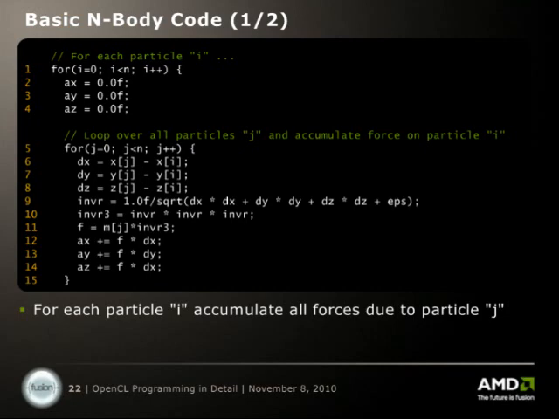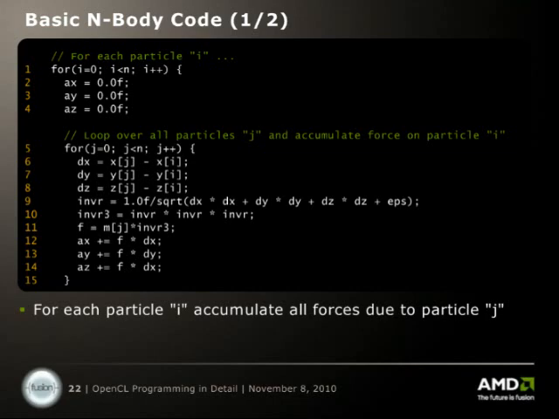Line 5, we then begin a loop over all particles again. So this is the loop over J. Here we're going to begin to accumulate the interaction between all other particles and particle I. Lines 6 through 8, we're calculating the component-wise difference for particle I and particle J. Then in line 9, we're essentially calculating the distance, with some small correction factor added at the end.